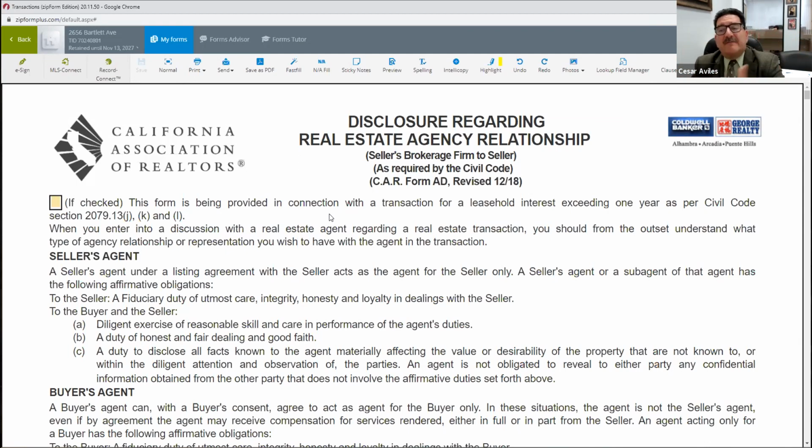So we have the disclosure regarding real estate agency relationship. You cannot get away with it. It's civil code. Whenever you see the word civil code, it is by law. The state of California requires that every agent talking to a buyer, every agent talking to a seller, must first disclose all the types of agencies.